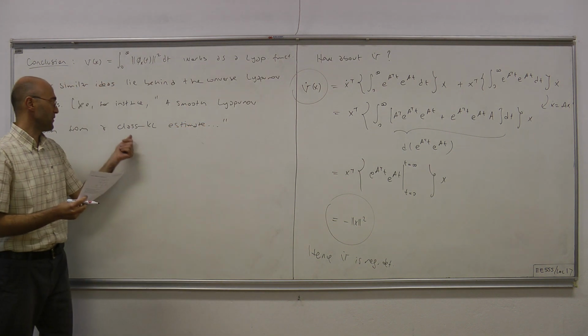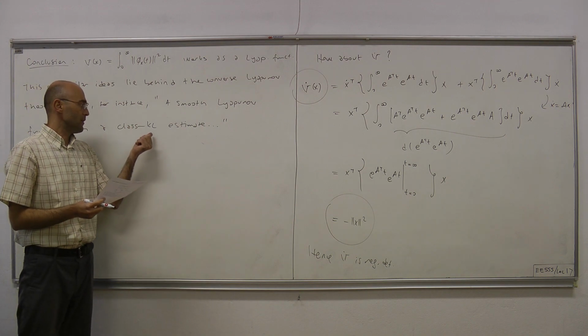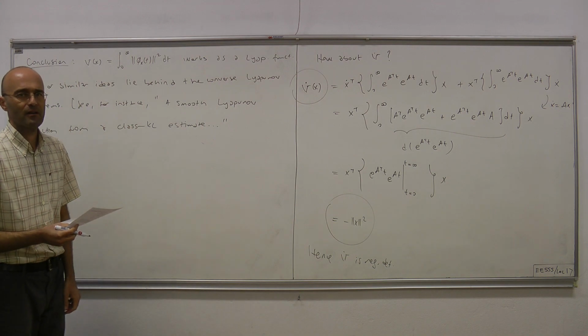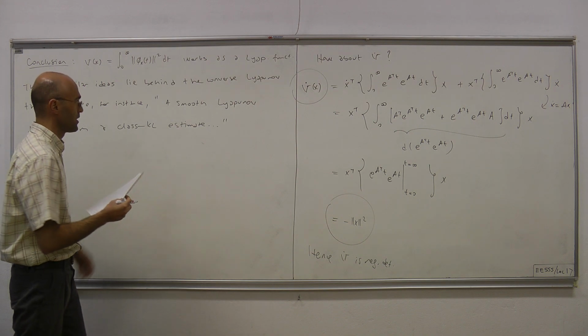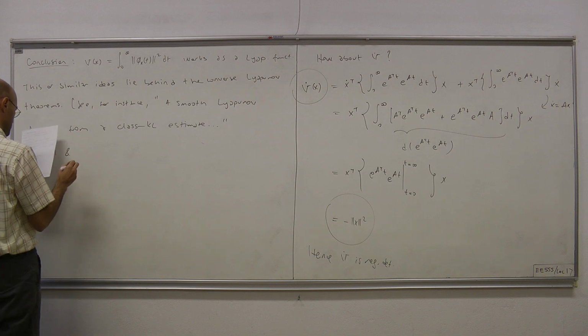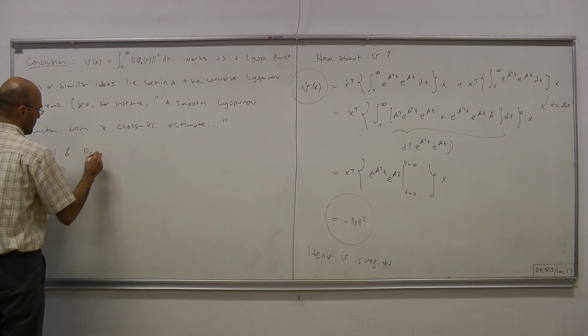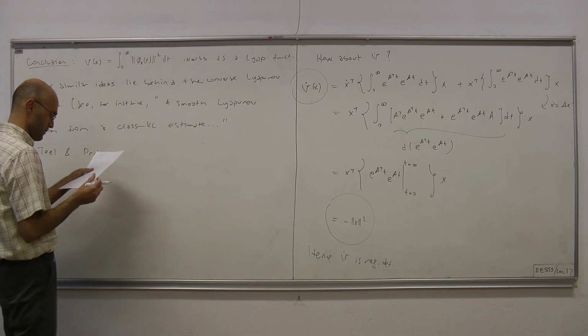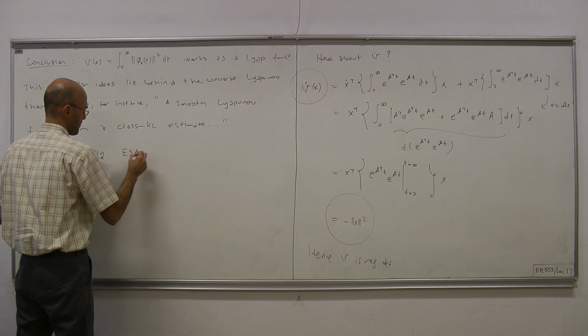Note that this class KL is the class of functions that we talked about, one of our comparison functions. It's by Teel and Praly. Okay, this is a 2000 paper.